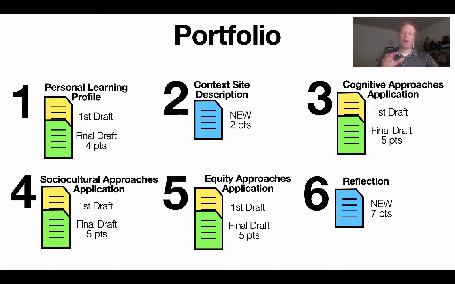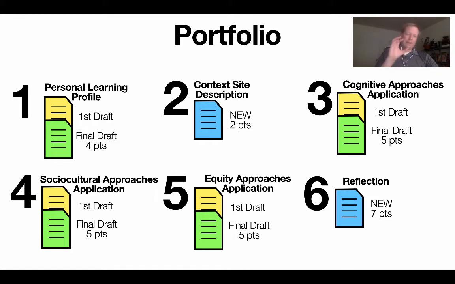Now, number 2, context, site description, or in the actual instructions for the portfolio, I called it the multimodal site description, and I'll explain that in a minute. That one's already based on some writings that you've already done. So it's not a ton of new writing, but you'll probably have to reorganize, and you might have to rewrite something, but the thinking around it is mostly done.